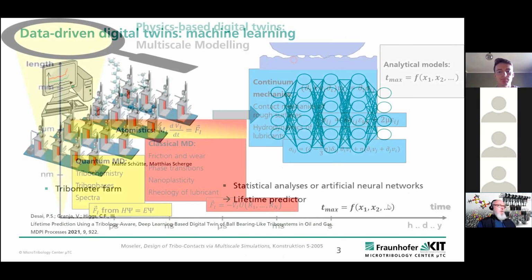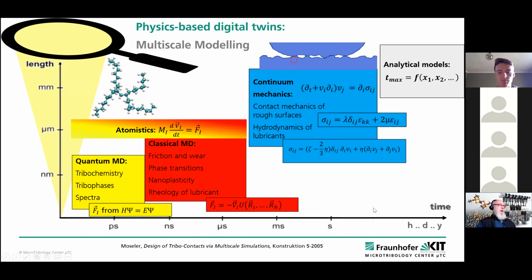Another approach is to assist this with a physics-based model, by multi-scale simulations. Daniele already introduced that. By combining the physics and the chemistry on different scales, we want to learn something about the wear behavior in the drivetrain systems in the turbine, to get some analytical models that might also be useful for the digital twin.